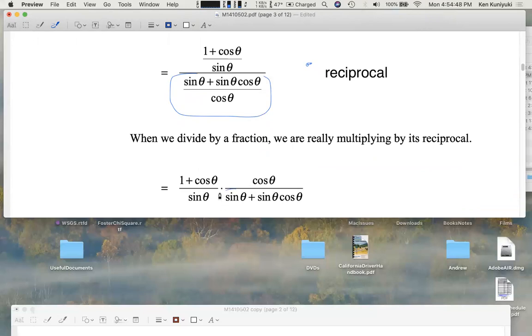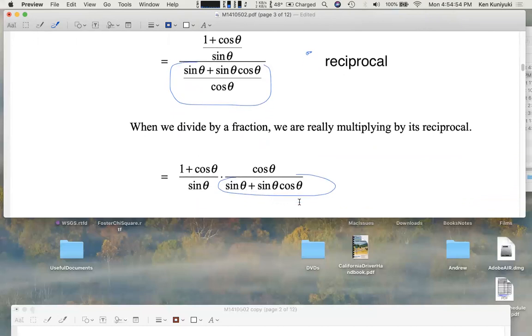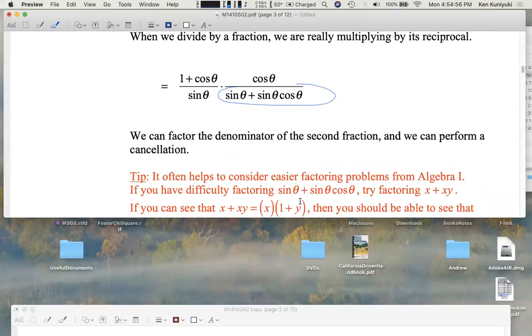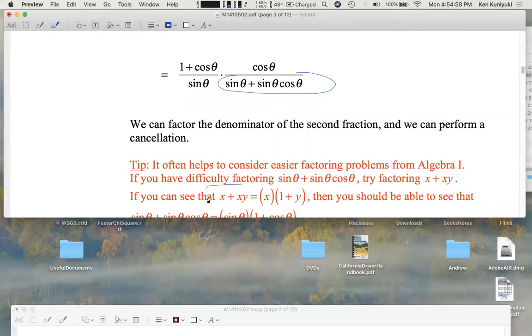Now what can I do with this ugly piece in the lower right? We can factor out sine of theta. You could do a snap substitution. You're basically following this template. You're factoring x plus xy, where x is sine of theta, y is cosine of theta. Basically, you could factor out an x or a sine of theta.